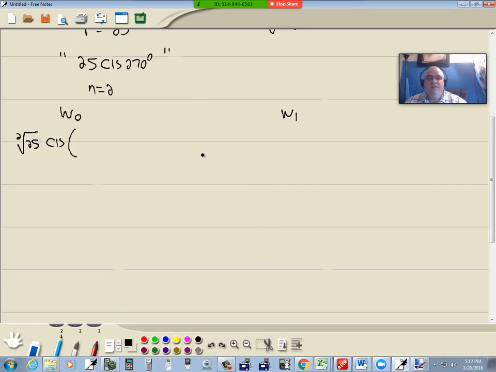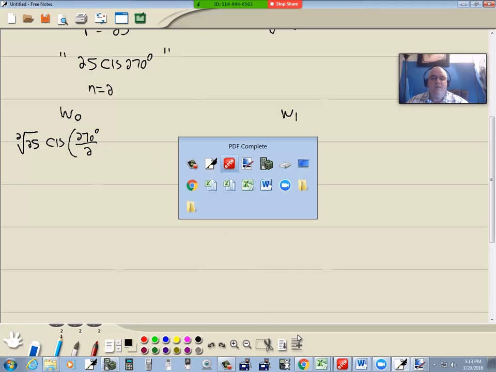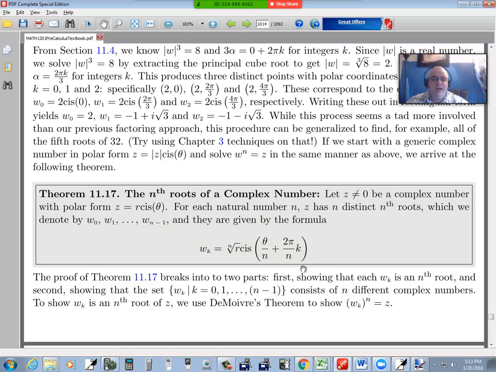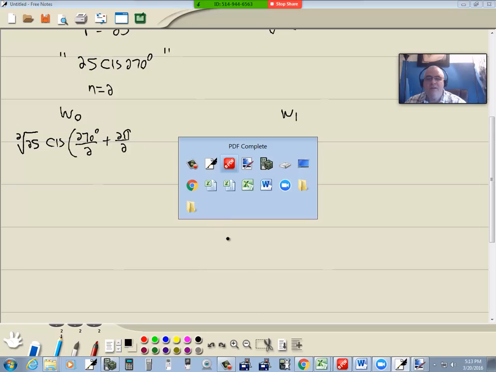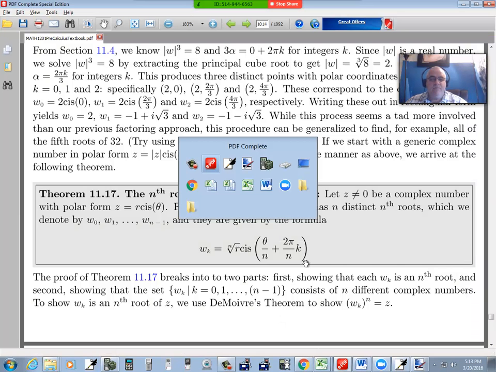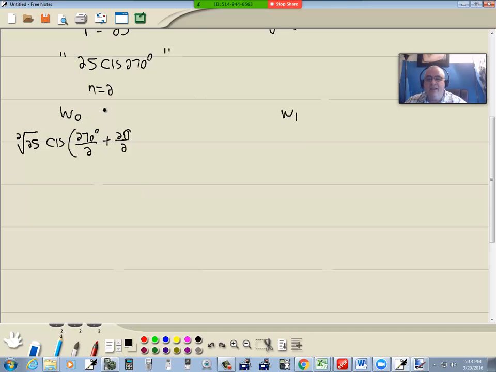Theta we said was 270 degrees over n, which was 2, plus 2 pi over n, so plus 2 pi over 2, times k. And k is whatever number's on this subscript here. So times 0. So that's 5 CIS. The 2's cancel there, and pi times 0 is 0, so that drops away. So that gives us 135 degrees. And that's our first answer in polar form.